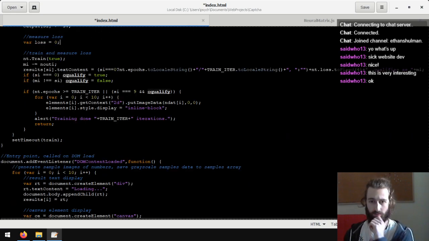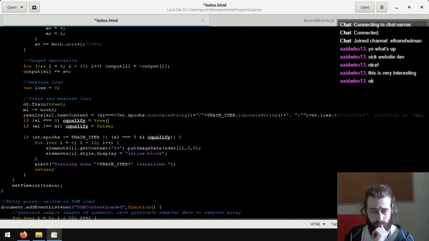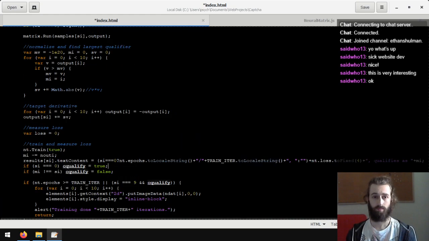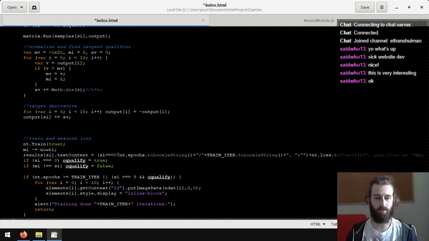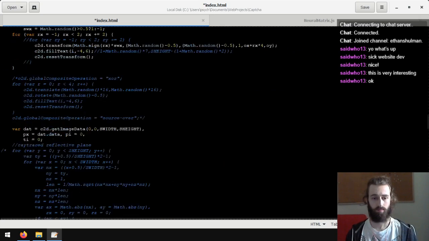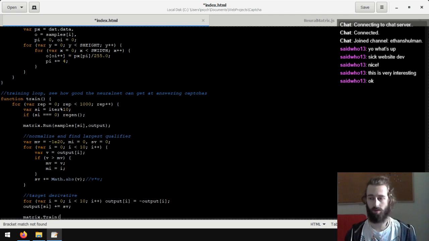Do I keep track of loss anywhere? Yeah, I'm not even gonna track loss. We'll keep this minimal. So what is training again?